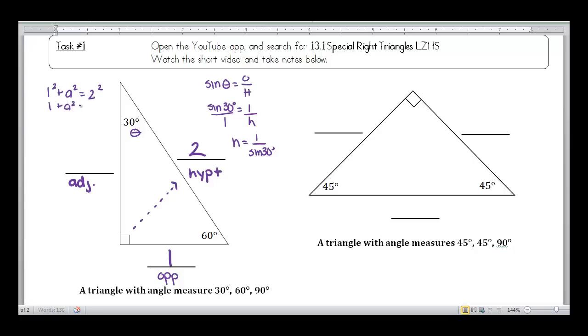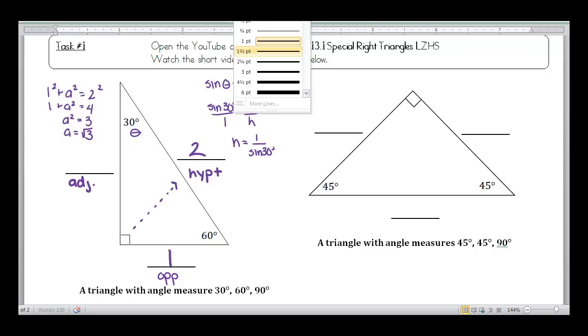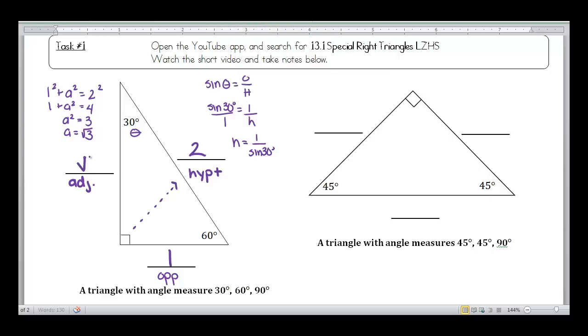So basically, 1 plus the adjacent side squared is going to equal 4. And so the adjacent side squared is 3, meaning when I take the square root of each side, the adjacent side should be the square root of 3.